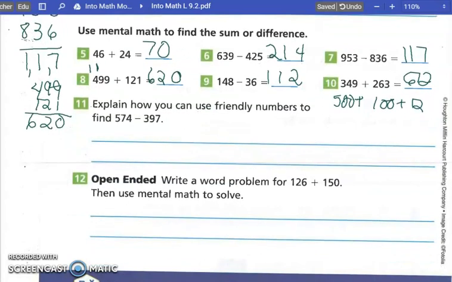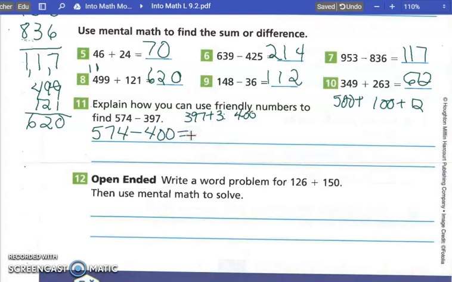Okay, now this one wants us to use a friendly number. Which one of these numbers do you think you're going to make friendly? 397. What friendly number am I going to make that? I'm going to make 397, and how much am I going to have to add to it to make it to be 400? Okay. So then I could have 574 minus 400, right?